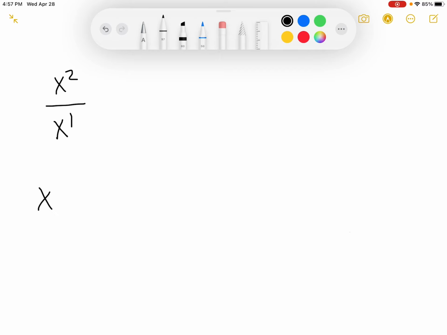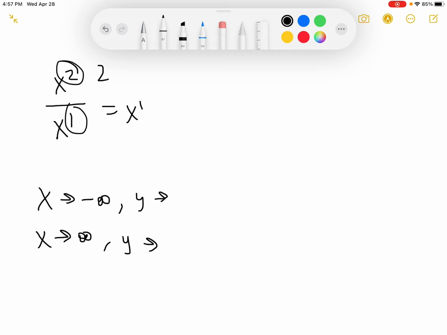So let's just go ahead and write this as x goes to negative infinity, y does something. As x goes to positive infinity, y does something. So if you see, this could be simplified to x to the first, because when you divide exponents, you subtract them. So 2 minus 1 is 1. If you remember from the last unit, if you have an odd degree, then that means that the arrows are pointing in different ways, like that.